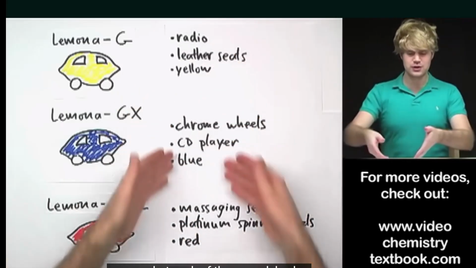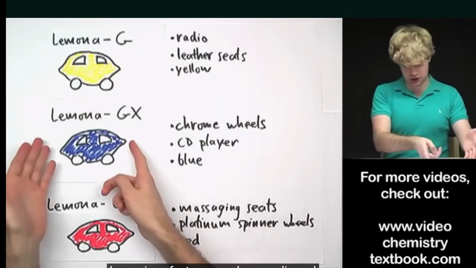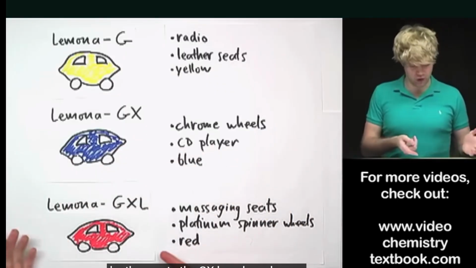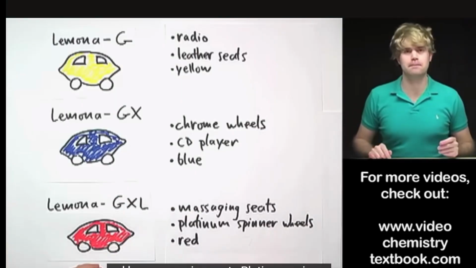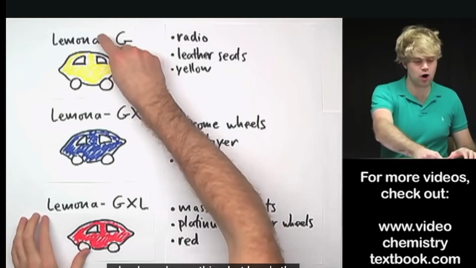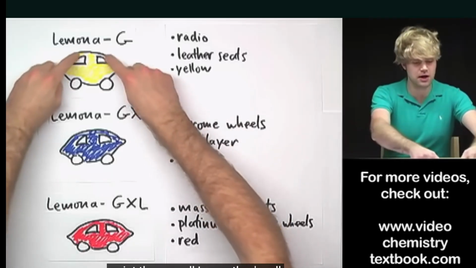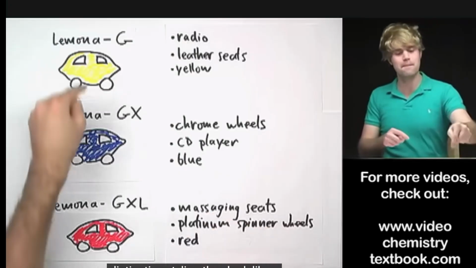The Lamona G comes with a radio, leather seats, and it is yellow. The Lamona GX comes with chrome wheels and a CD player, because this is a very old video, and it is blue. And the Lamona GXL comes with massaging seats, platinum spinner wheels, and it is red.